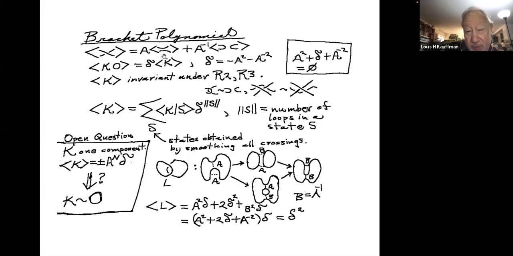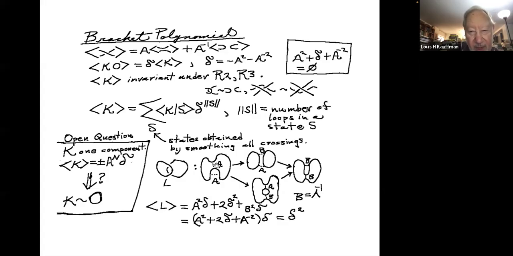It's just two ways of smoothing the crossing. So you smooth the crossing in the two ways and use a convention to associate A to one of them and A inverse to the other, and you multiply by the loop and expand this, and you get an invariant under the second and third Reidemeister moves.